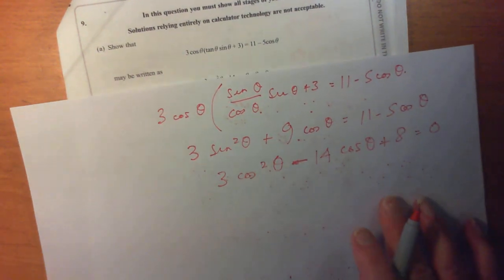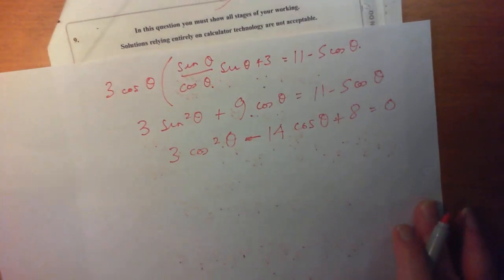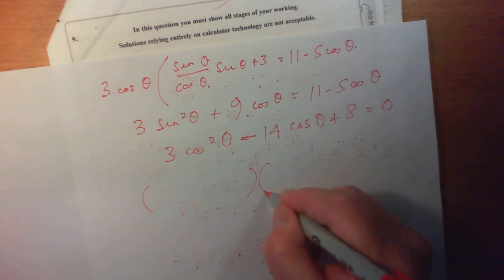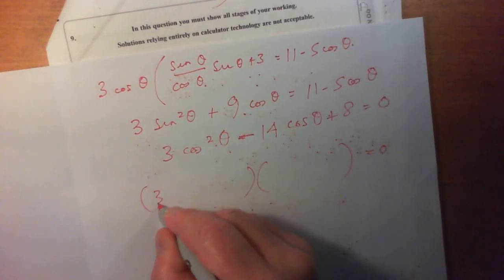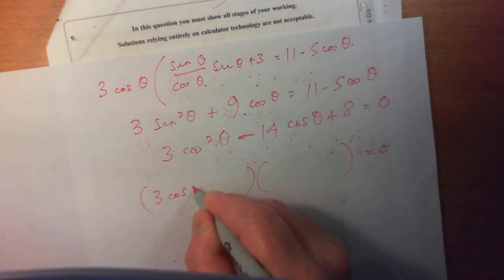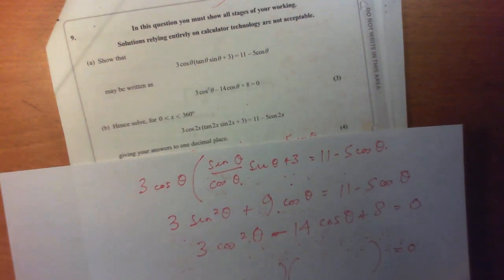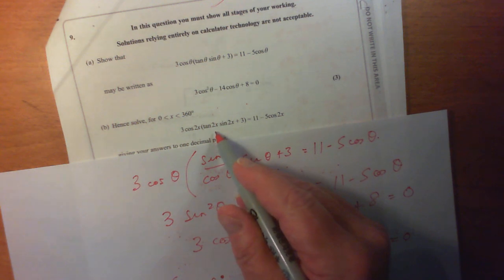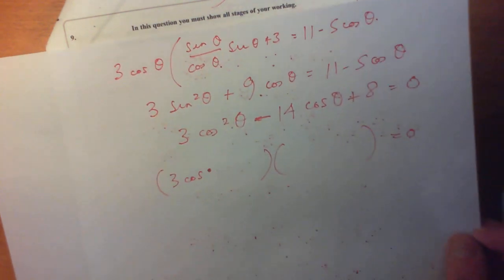And this will factorize. There's a slight difference in it now, which is that instead of theta, you now have got 2x. So using this same formula, but instead of theta, it's 2x.